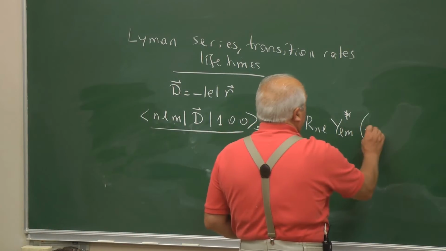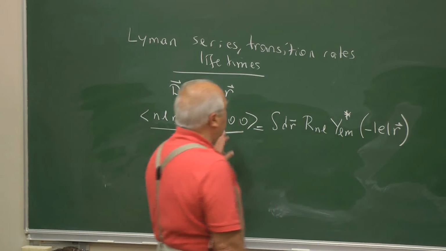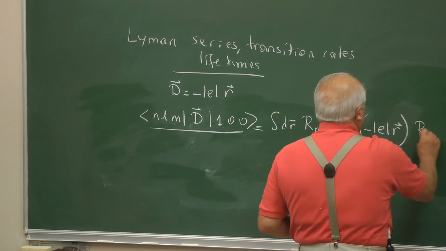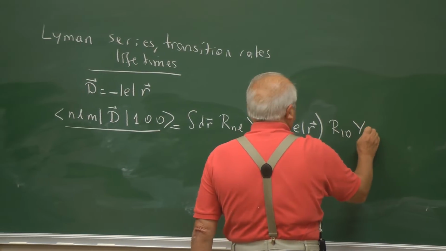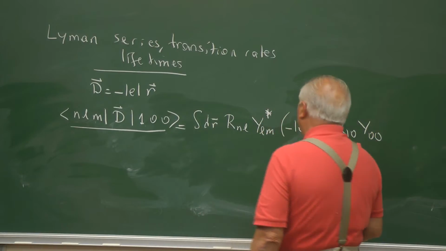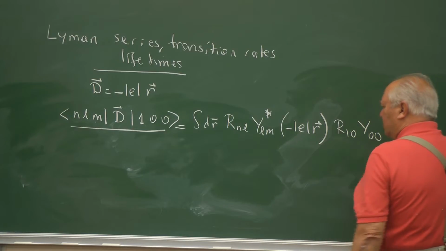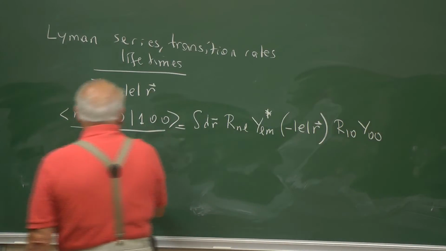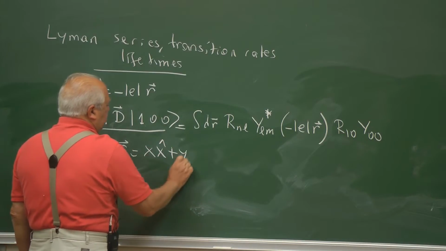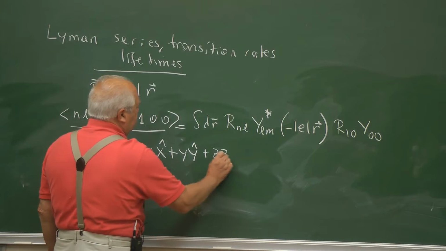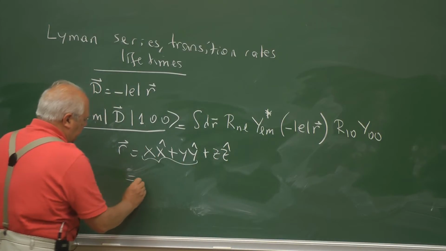Then we have minus e r, that's the dipole, and for this one, R_{10}, Y_{00}. Since we have spherical harmonics, it is better to decompose now r like this. r, by definition, is x x-hat plus y y-hat plus z z-hat. And I will write this part like this.